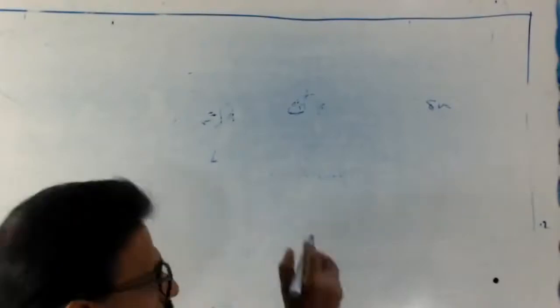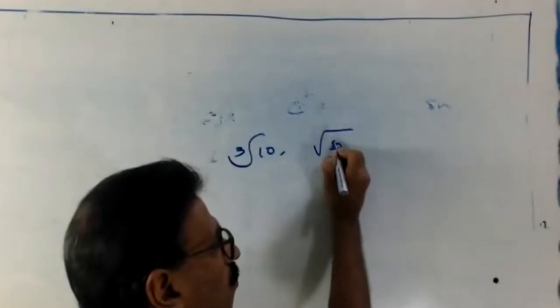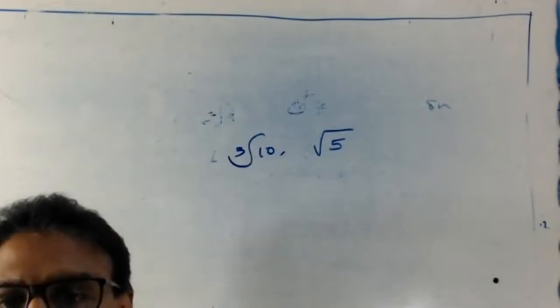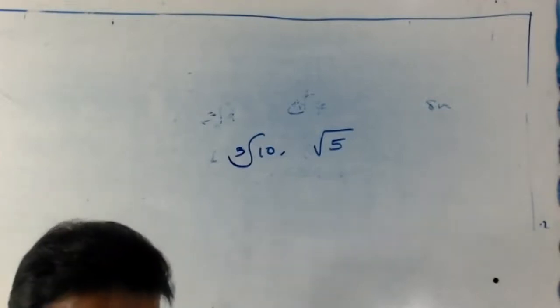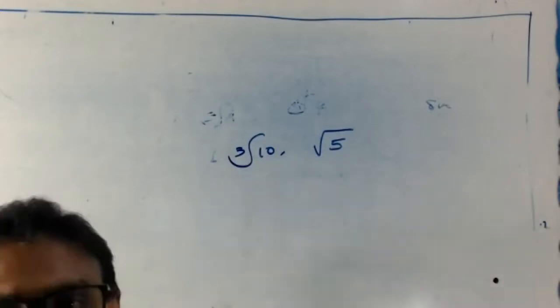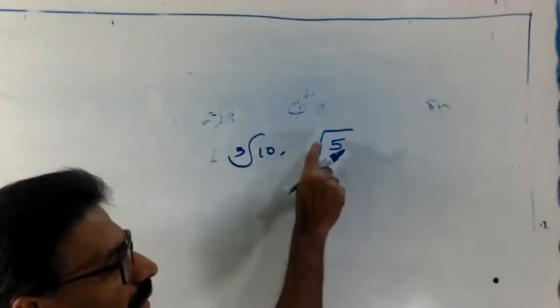Look. Cube root of 10, comma, root of 5. No, after this question you can write. Cube root of 10 and root of 5. LCM of 3 and 2.